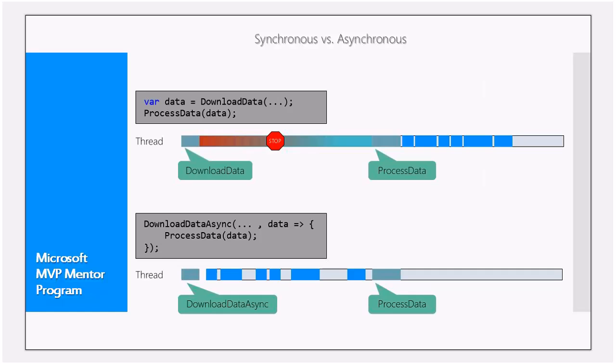In the asynchronous world, you have download data async, do your stuff, and then you get a lambda, which calls process data. So you're not blocking, you're not waiting for something to complete. This follows the Hollywood principle. Don't call me, we'll call you, right? So let's move on here.